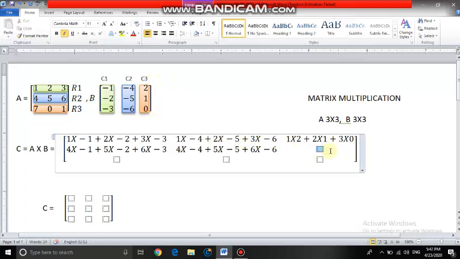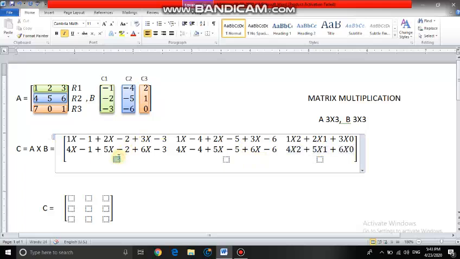So C23 means second row from A, third column from B, which is 4 multiplied by 2 plus 5 multiplied by 1 plus 6 multiplied by 0. Between these multiplications, you have to put the plus sign.